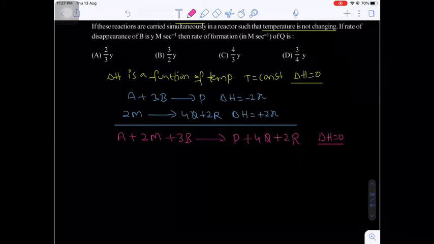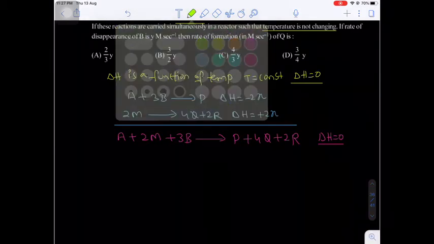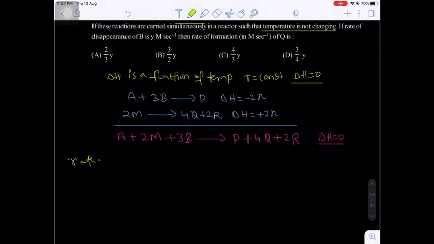Now here I am writing the rate equation. What is the rate equation?